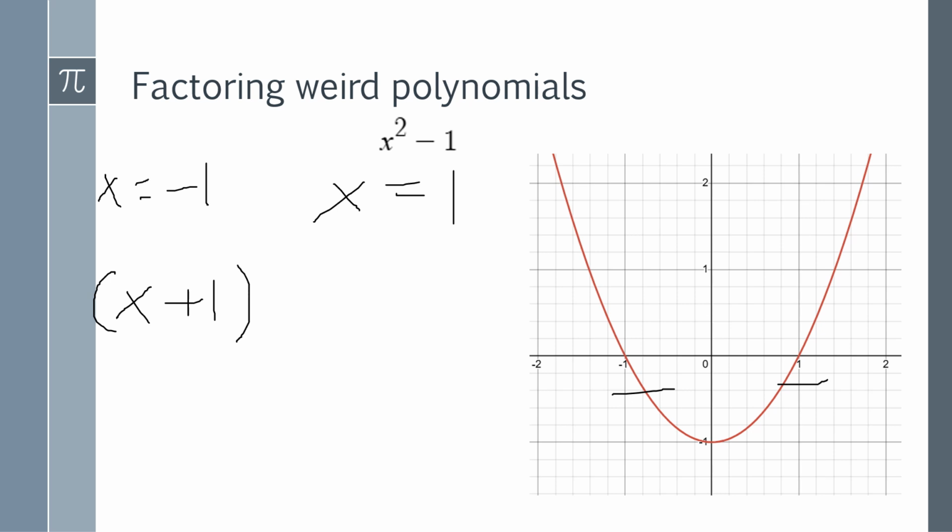We did this a lot in the first 9 weeks and some parts of the second 9 weeks too. Over here, this is x equals positive 1, so just make it x minus 1. And guess what? You just factored that. No problem at all.